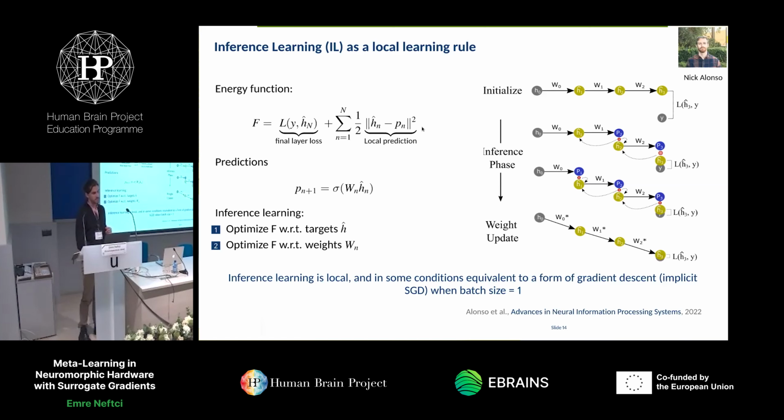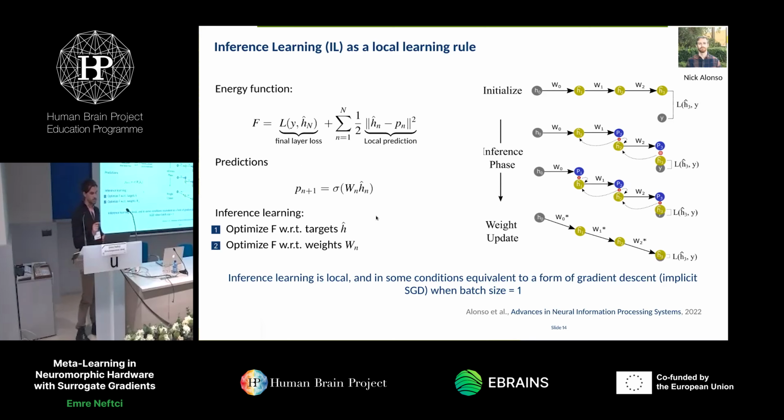And these local predictions basically have some targets, intermediate targets at the intermediate hidden layers, and some predictions that the previous layers have generated. And you just optimize this function in a special way. You first optimize the targets, and then when you're done optimizing the targets, you optimize the weights, and you do this back and forth.